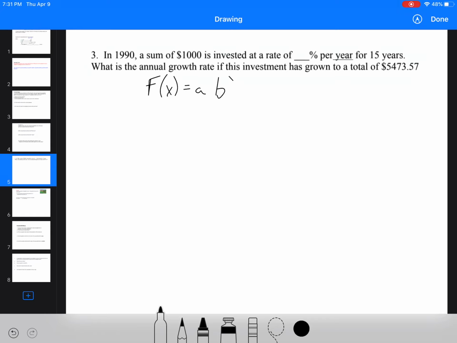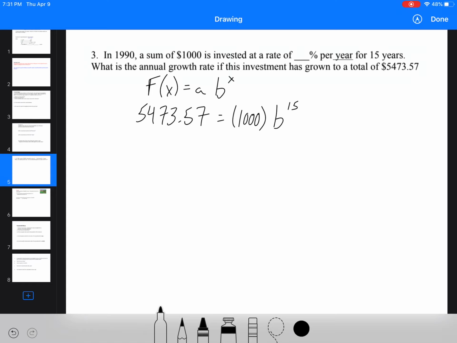So we'll write down this. Now we've got our final value is $5,473.57, our initial value is 1,000, and we've got B to the 15.